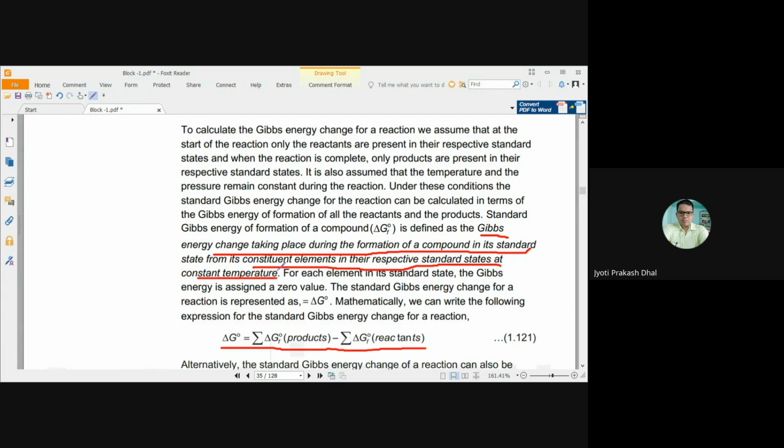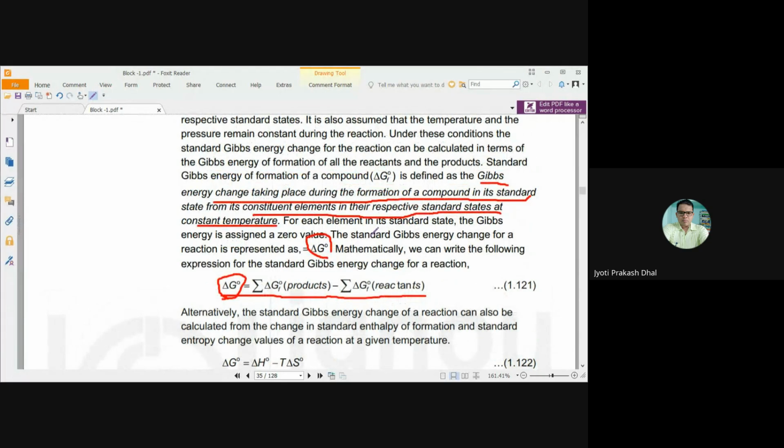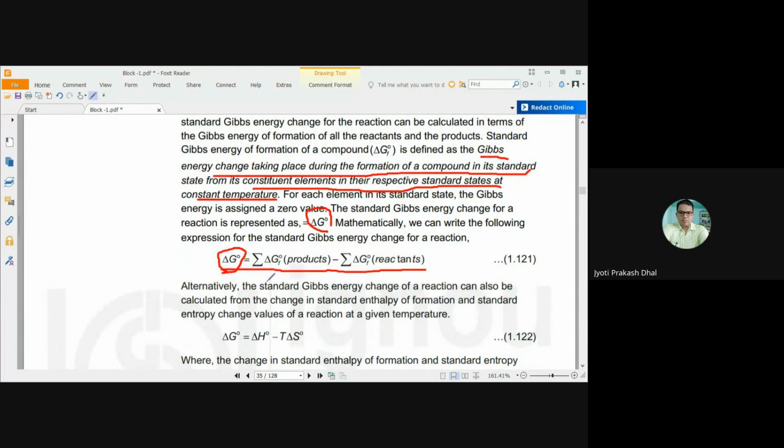And here, for any type of chemical equation, you can calculate the Gibbs energy change for a reaction, and that can be represented as del G naught. So del G naught equals the summation of del G F naught of the products minus the summation of del G F naught of the reactants.